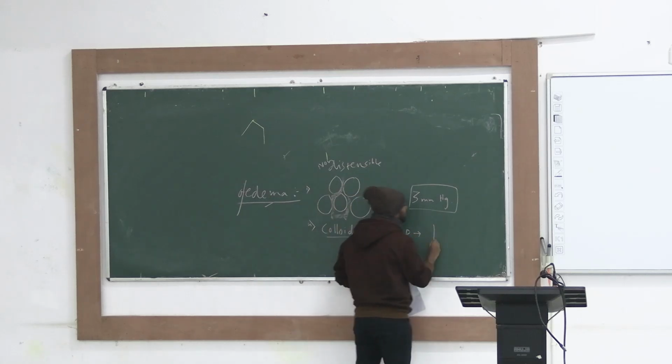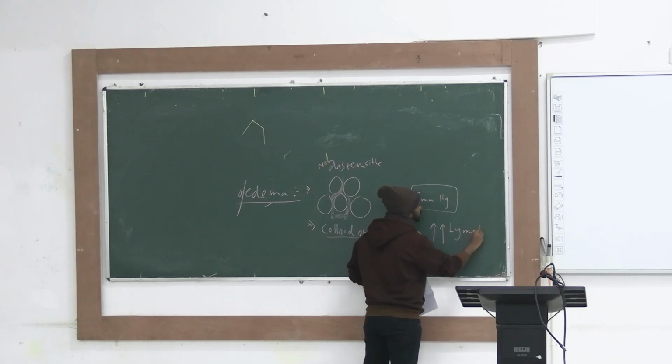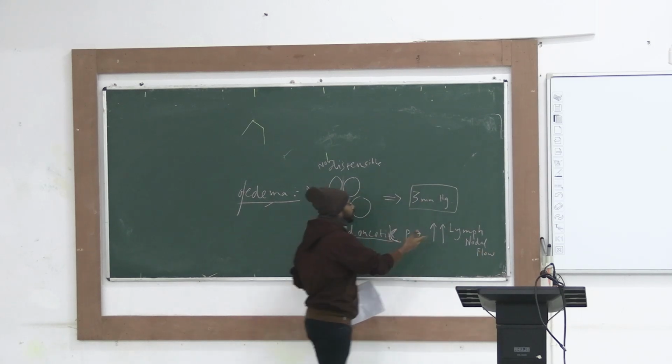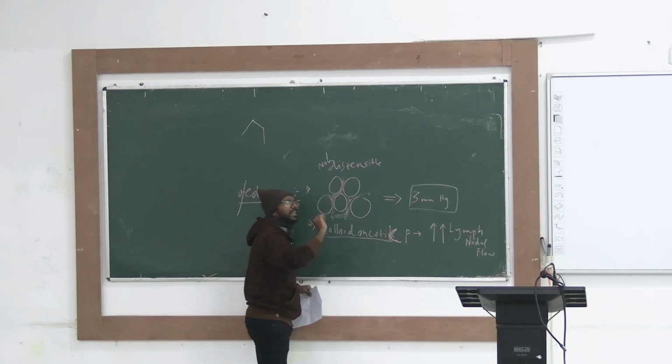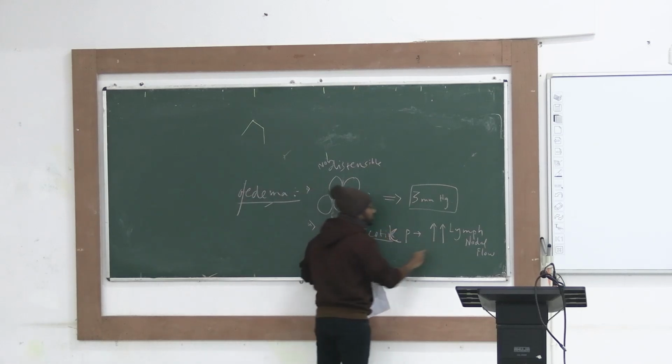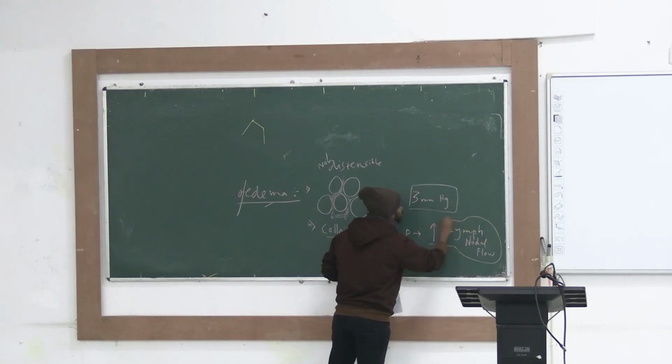It will increase your lymph flow. This increase in lymph flow will mobilize these fluids and take out some fluids. So this lymph flow can adjust about 7 millimeters of pressure.